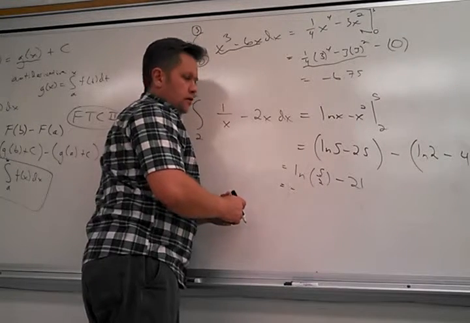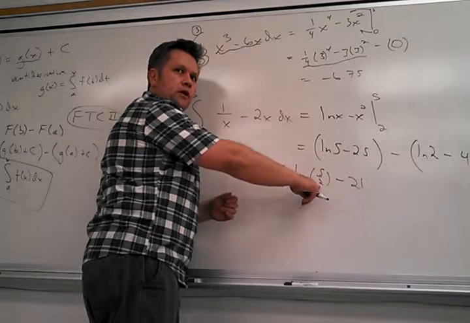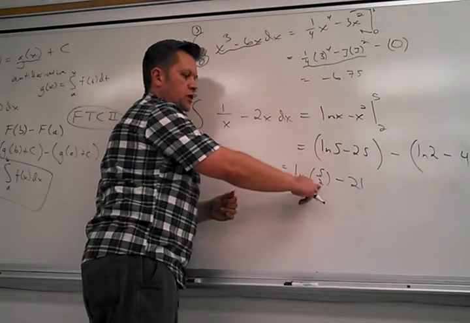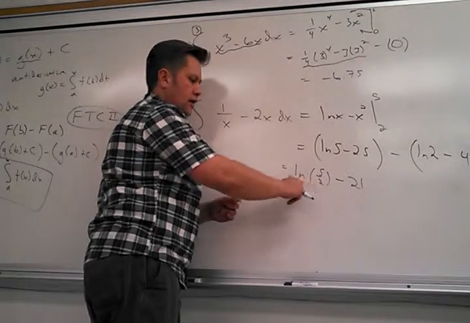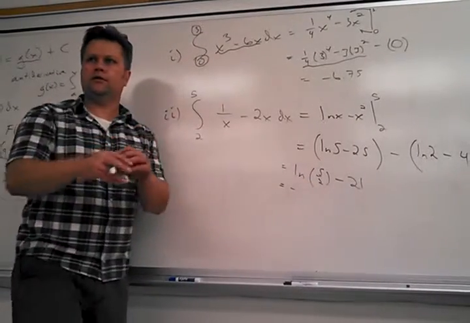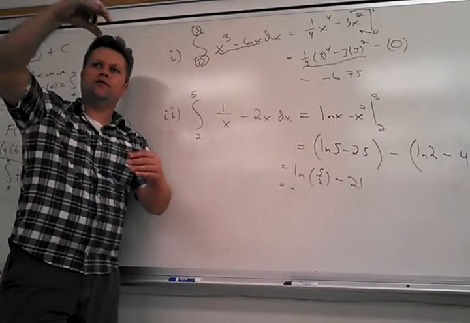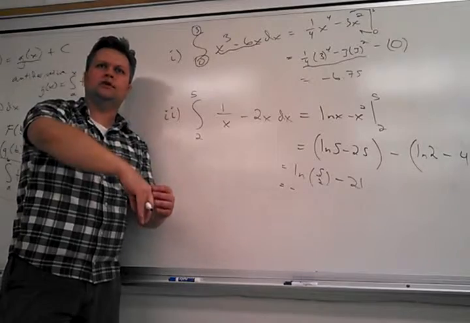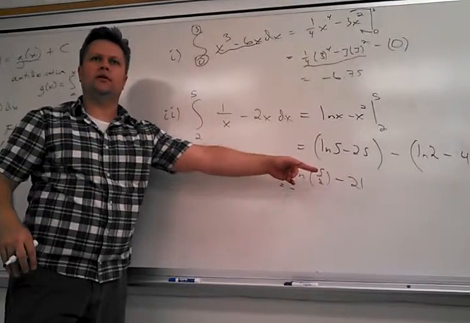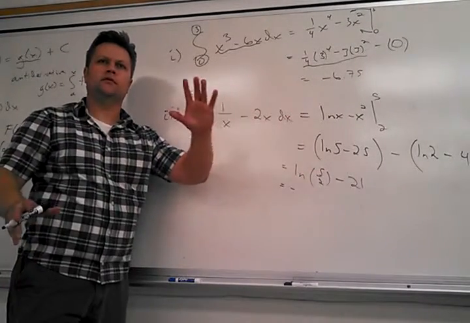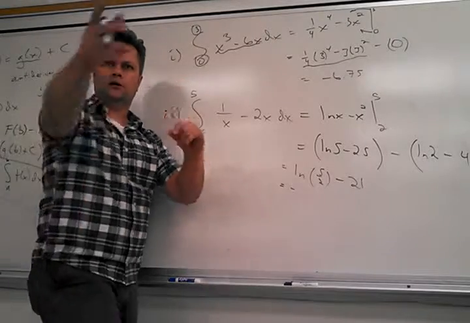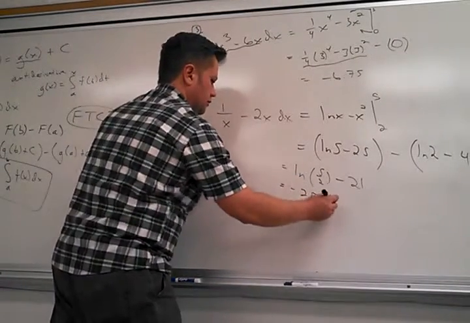Sounds better. Natural log of 1 would be 0, so if the input to the natural log is more than 1, then ln should come out positive. Does that make sense? So I knew this should be bigger than negative 21, because this first part should be positive. So negative 20.08 sounds right.